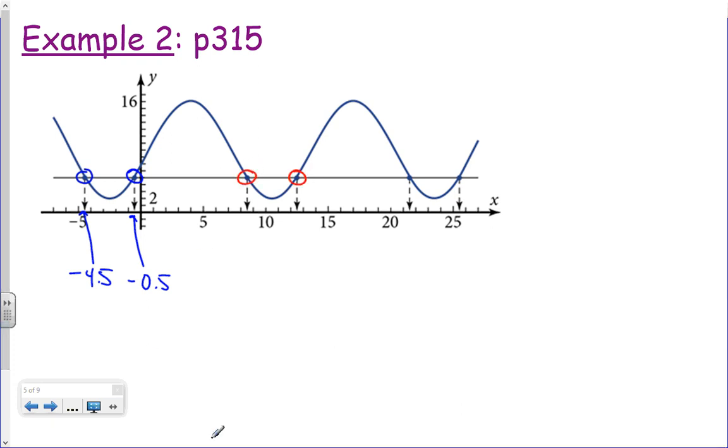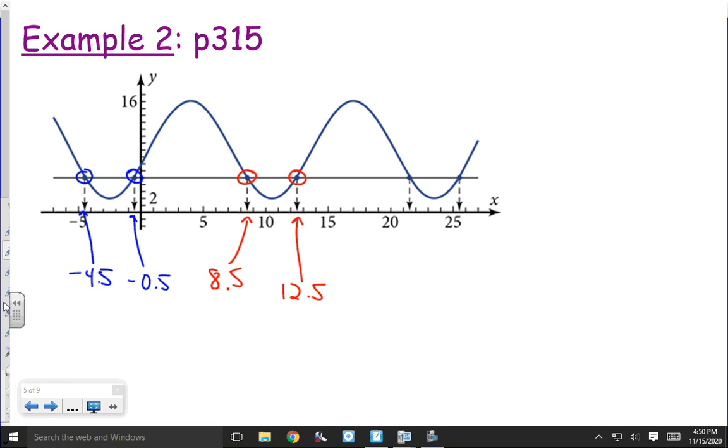I'll just do this in a different color so we can see those a little bit easier. So there's 5, 6, 7, 8.5 is where I'm going to claim that is approximately. And we're going to say that this one right here is at 10, 11, 12.5. And now you can probably look at the first couple of solutions and these next 2 here that we just found and come up with what the period must be, but we don't have to do that.